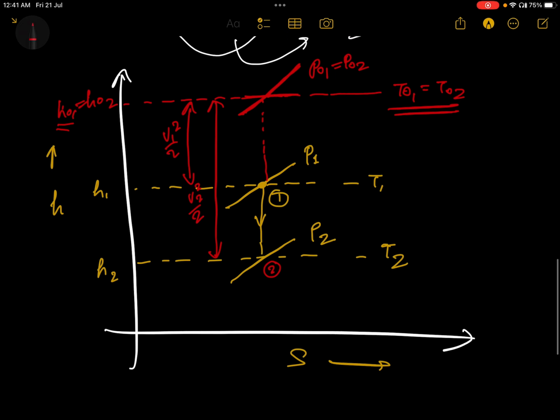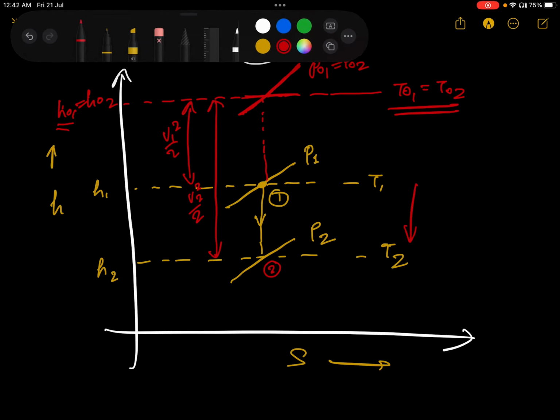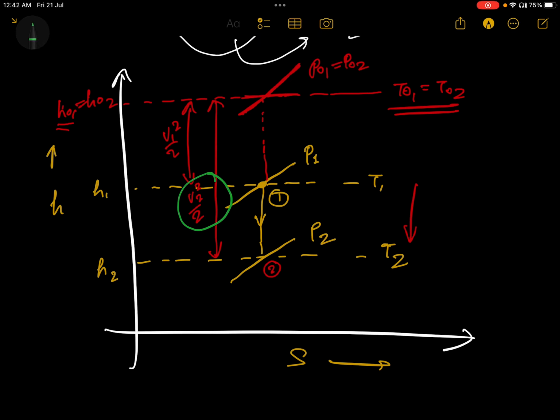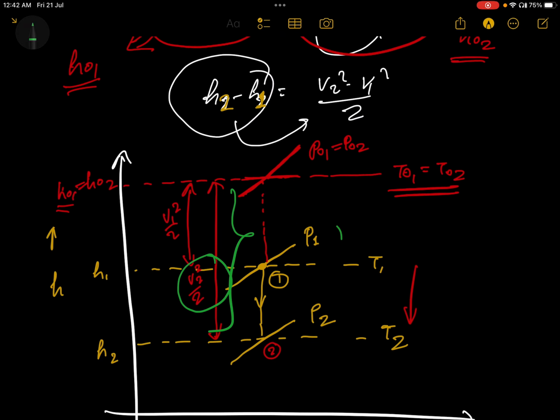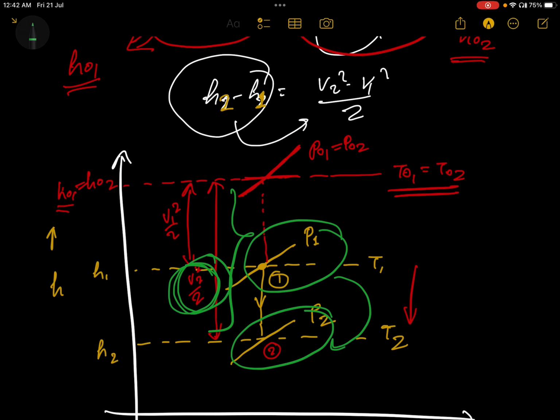So here we can see that enthalpy is decreasing, and that's why velocity increases. This is the case of energy transformation, where the energy is transformed into increasing velocity, but the stagnation state remains the same.